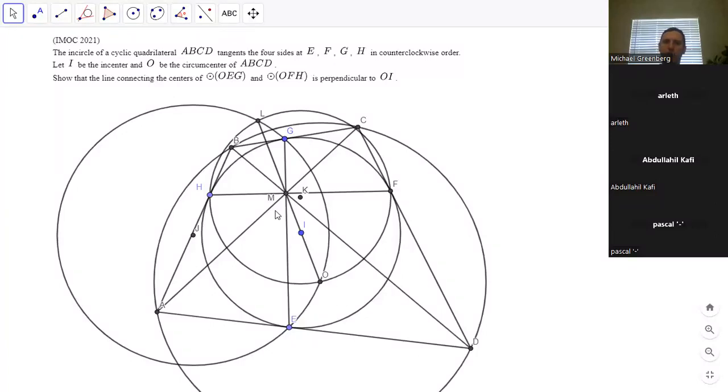So maybe we could show OI and M are collinear. I think that's a well-known theorem, isn't it? That OI and M are collinear. I don't remember the proof of it though.